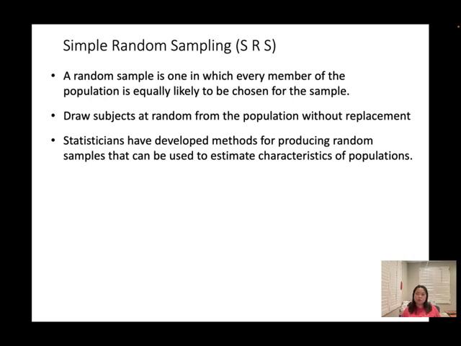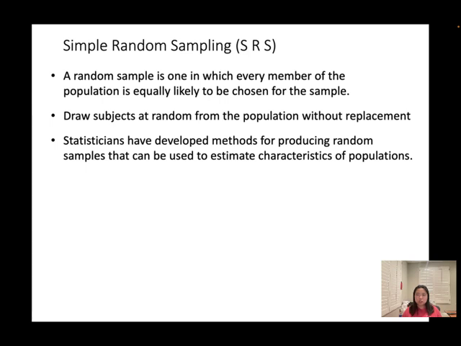Statisticians have developed methods for producing random samples that can be used to estimate characteristics of populations. Remember we say the sample is taken from the population. After we find the sample mean, it can be used to estimate the population mean.